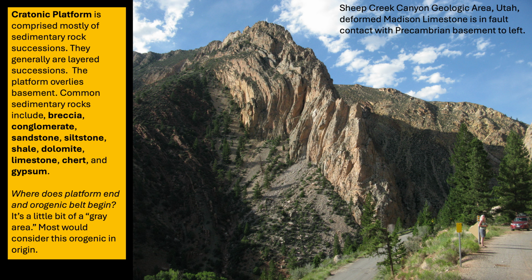So anyway, here are the common rock types that we get with these sedimentary rocks that may or may not overlie igneous rocks or igneous basement. So that is, in fact, you're going to get breccia. Breccia is a rock that's made out of bits and pieces of other rock.